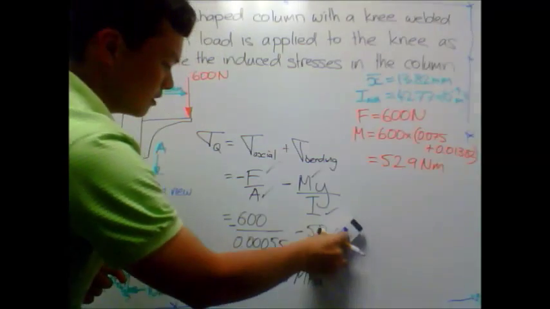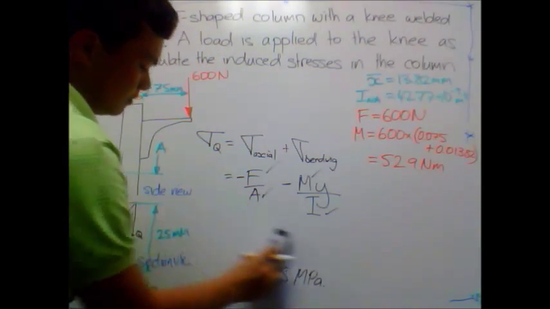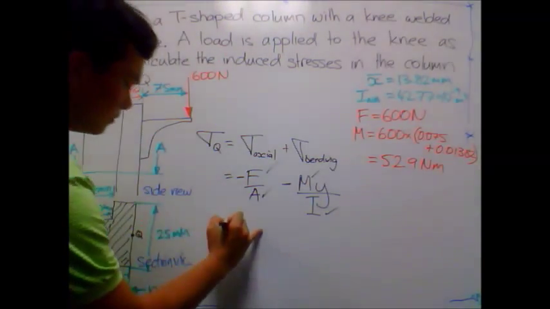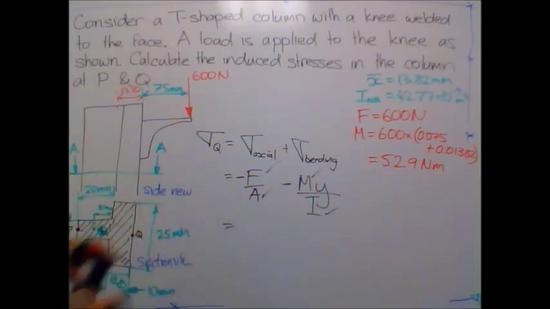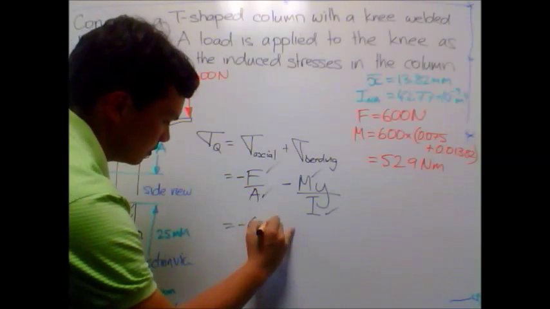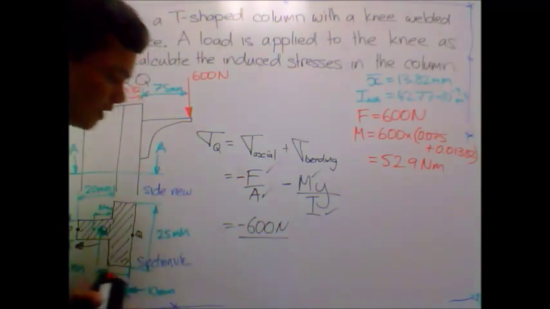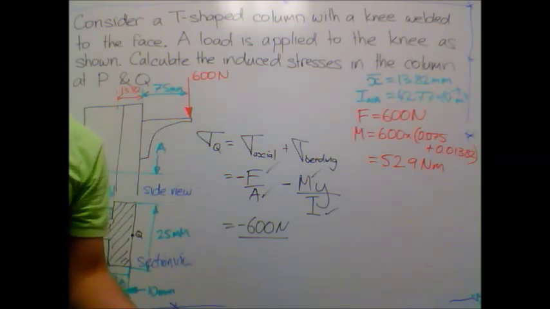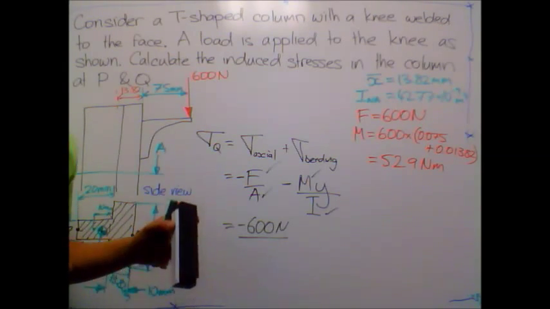And actually, let's go through this part. So Q, I'll get negative 600 newtons divided by my area. So the cross-sectional area is the same.